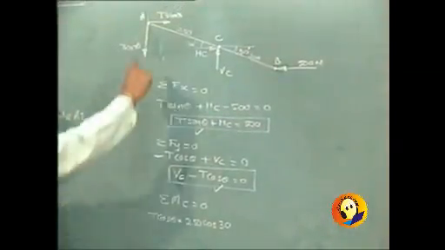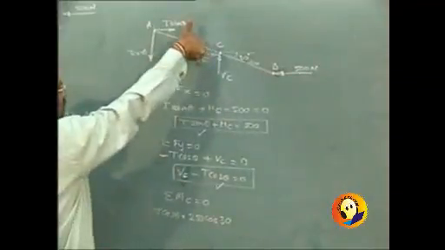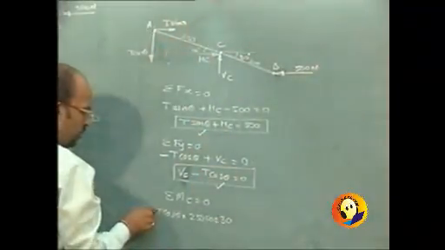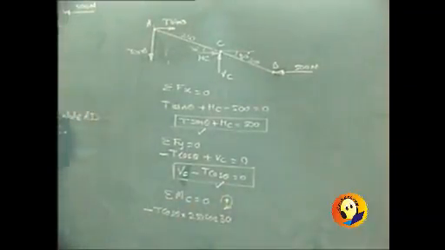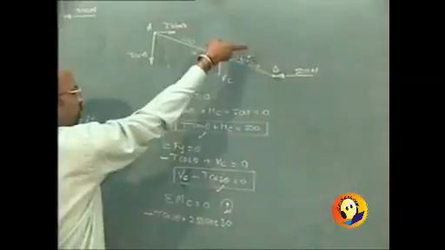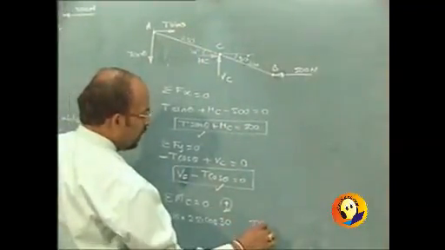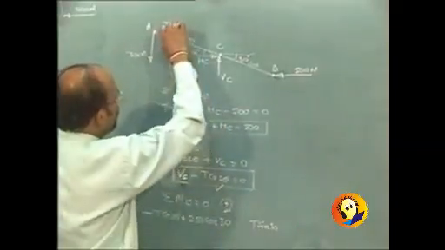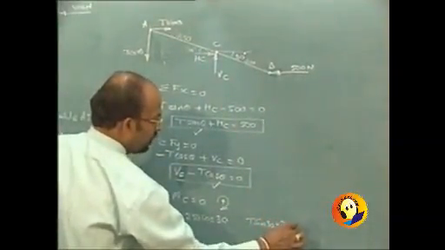Then T sin theta will produce the clockwise moment. This T cos theta is producing anti-clockwise, so it will be negative. Our assumption is still the same, clockwise positive. So T cos theta produces anti-clockwise moment, T sin theta produces clockwise, so it will be T sin theta into the vertical distance, which will be 250.